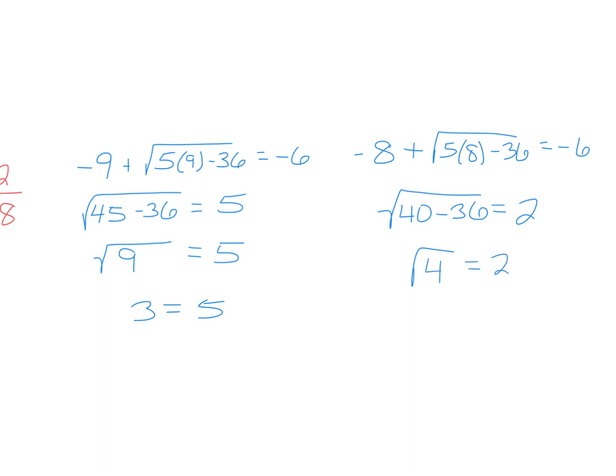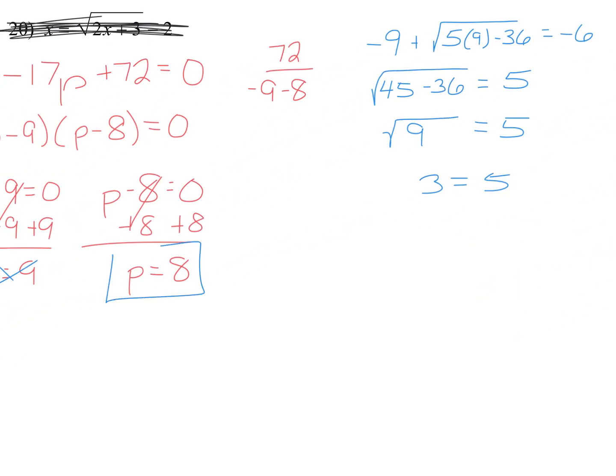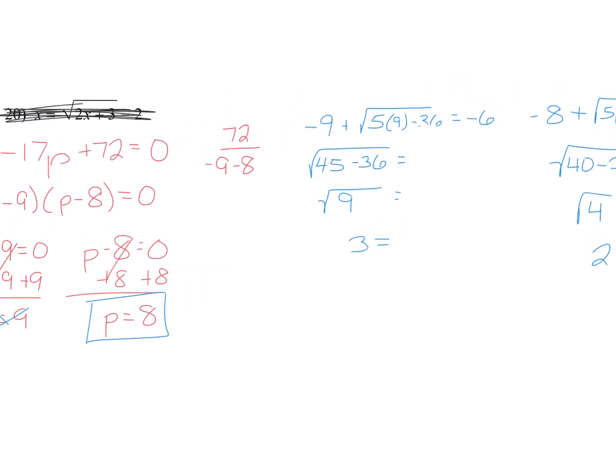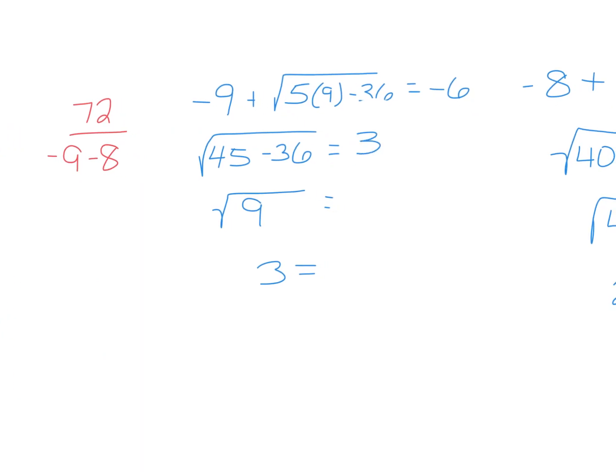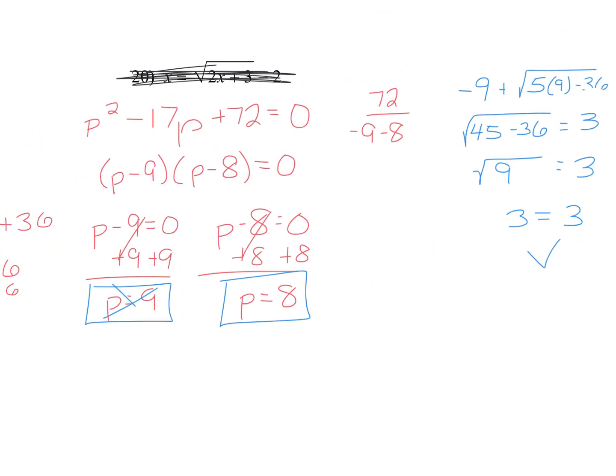What's the square root of 4? 2. Did that work? Yes. So, good job. So, that's what happens when I try to do quick math. So we get 3 here. Oh. So, did that one work? Yes. So both did end up working.